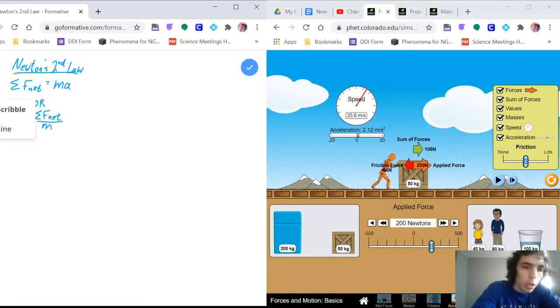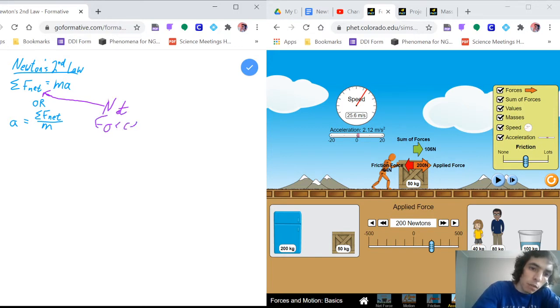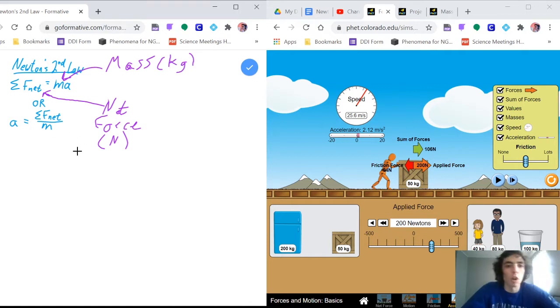So we've worked with this in class, but our F net, that is the net force, which I'll talk about in a second. Just like forces have been measured all year for us, the units for that are newtons. For this m, that's the mass of some object that we're focusing on. And just as it has been all year, our most common unit for mass is going to be kilograms.